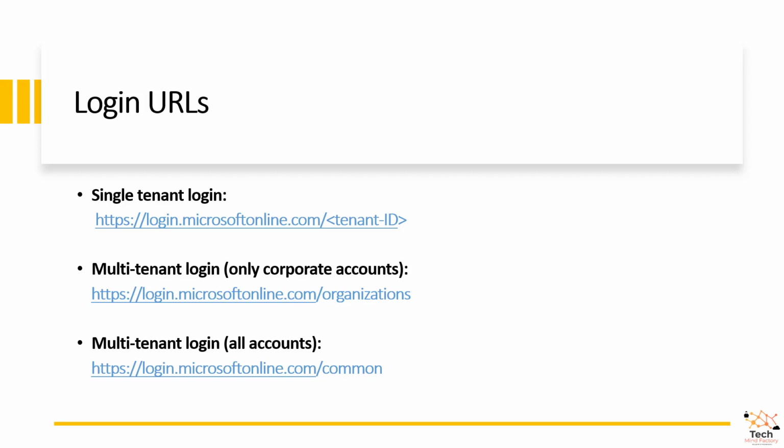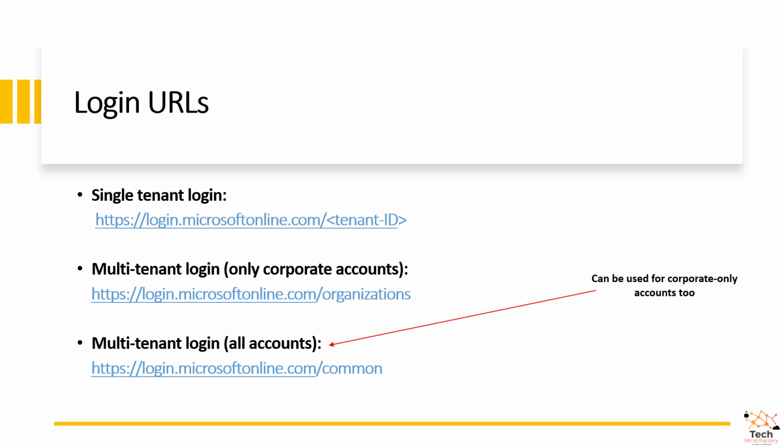And also, when it comes to multi-tenant login, all accounts, I mean corporate accounts and personal accounts like Microsoft accounts, there is this third URL called login.microsoftonline.com/common. And important information, the last one can be used for corporate only accounts too.